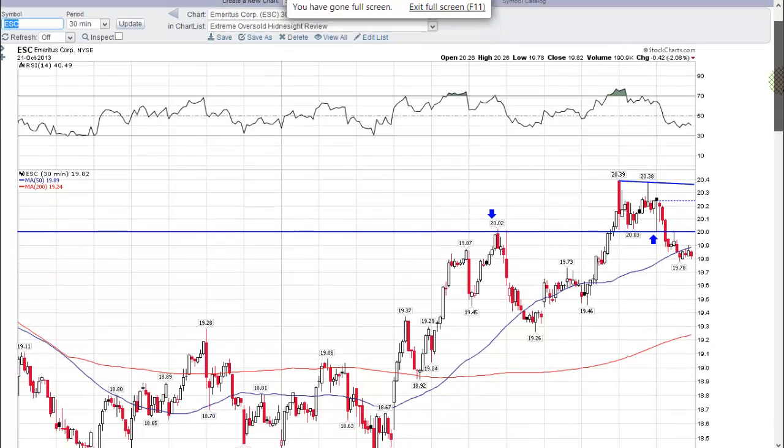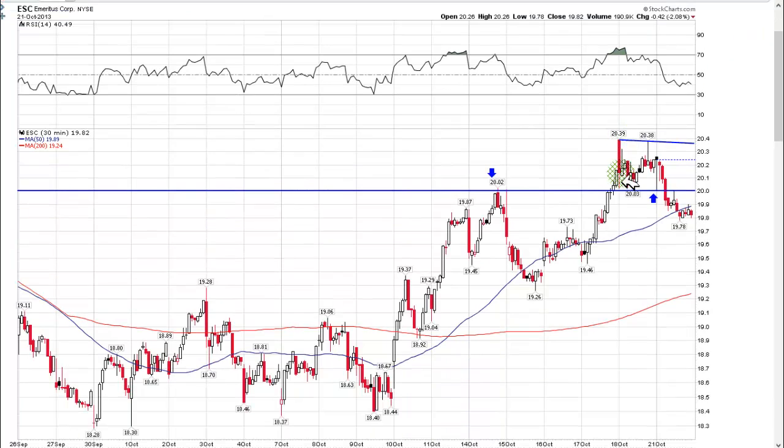Sure enough, what you're looking at now is a 30-minute chart. If you took a look at the Friday rally higher at the open, it was stopped dead at $20.39. What sits at $20.39? The 200-period moving average. It reversed off of that level, pulled back. It held $20.03 on Friday afternoon.